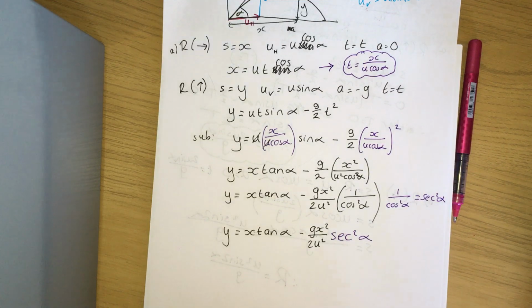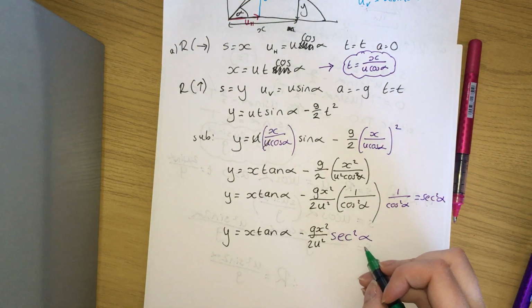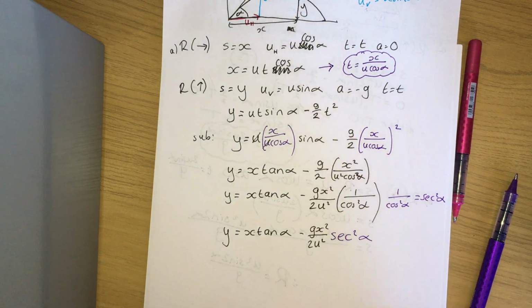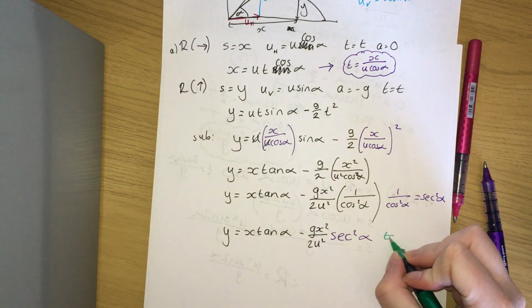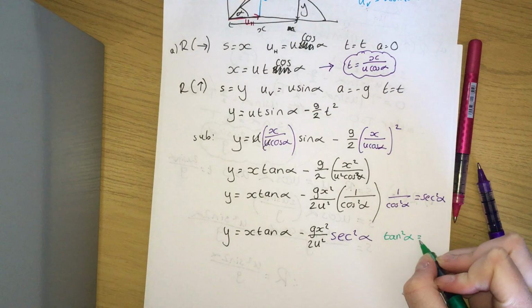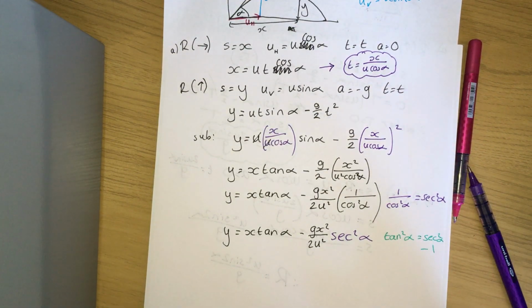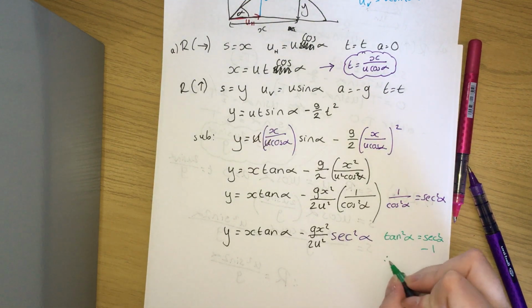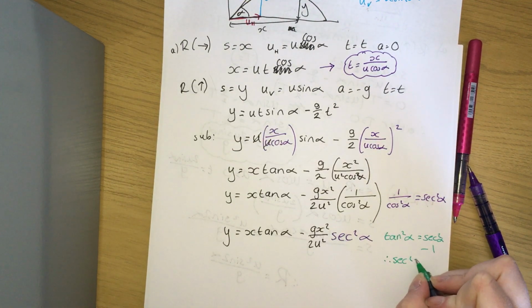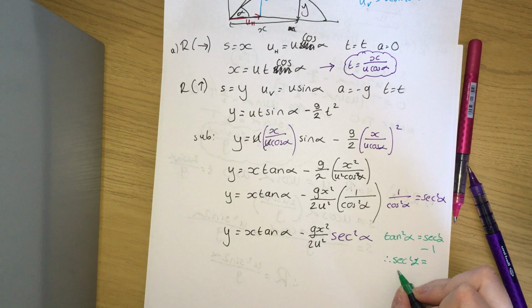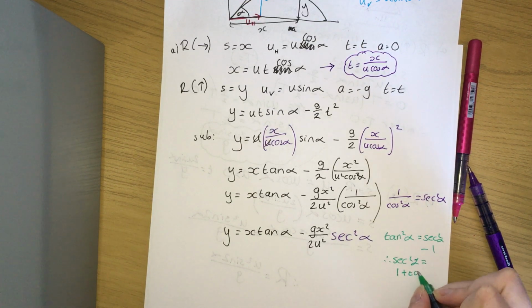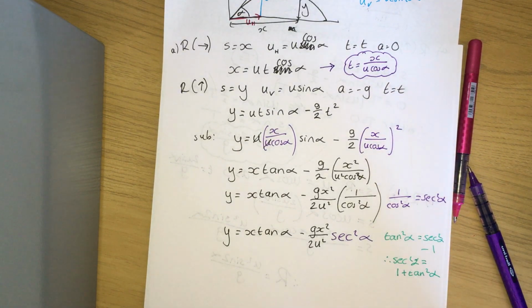Now what I also know, and I'm going to use another colour now, I need to get to 1 plus tan squared alpha. So I'm evidently going to need another identity. Tan squared alpha is equal to sec squared alpha minus 1. So therefore sec squared alpha is equal to 1 plus tan squared alpha.